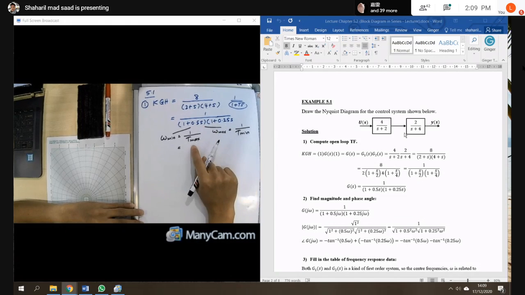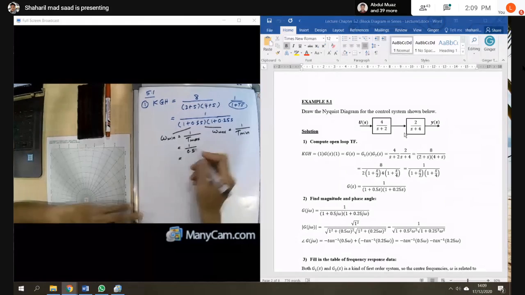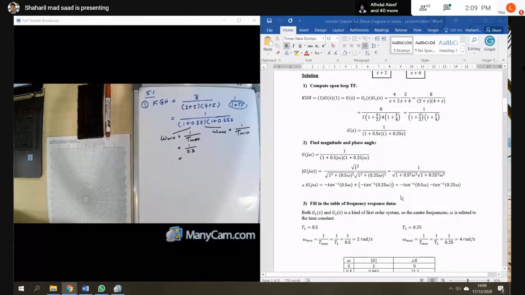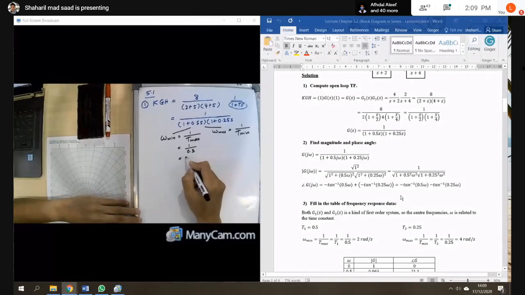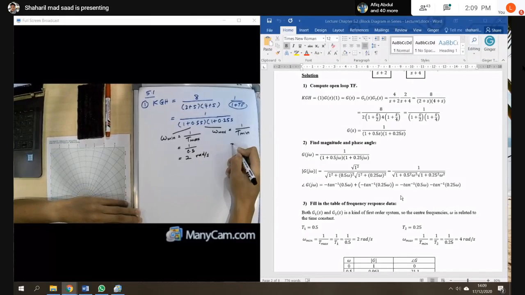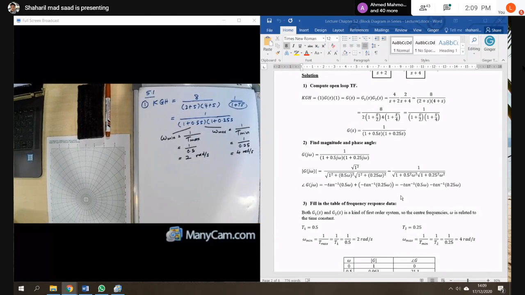T max, the value that is higher, is 0.5, so 1 divided by 0.5 gives 2 radian per second. And 1 divided by T min, 0.25, gives 4 radian per second.